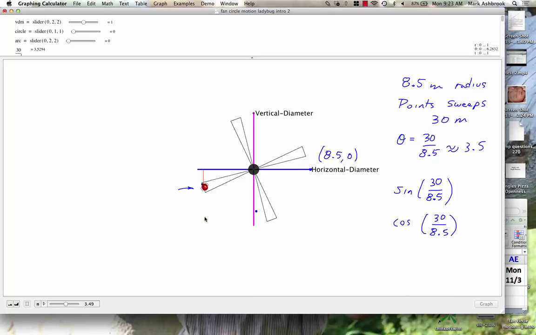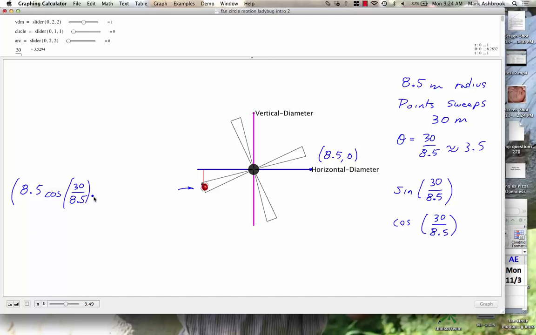Yeah, Christopher. He wants to multiply both of these by 8.5. Yeah, because if these are fractions of a radius length, and now we want it in meters, we want to take those fractions of what number? Of the radius. All right, so which one comes first? Cosine. 8.5 cosine of 30 over 8.5.